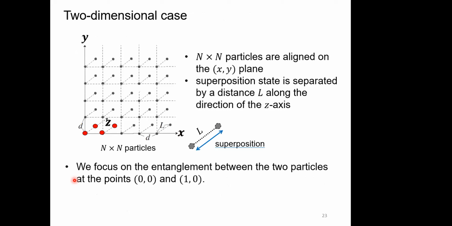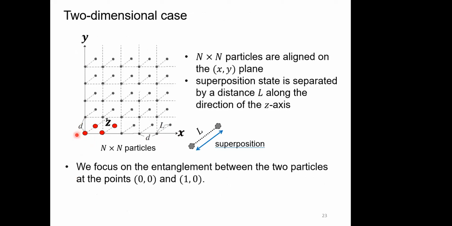The system discussed so far can be simply generalized to a two-dimensional system. We consider the system consisting of L times L particles arranged on the xy plane, x-axis and y-axis, as illustrated in the left figure.